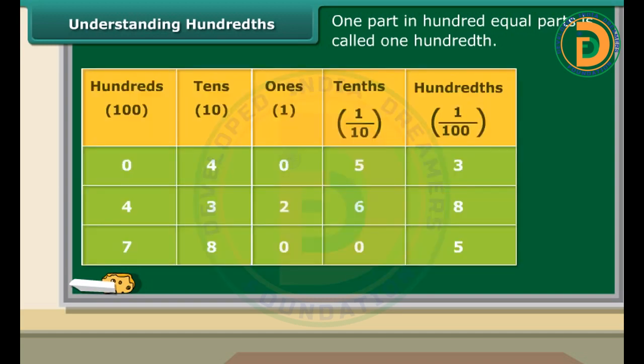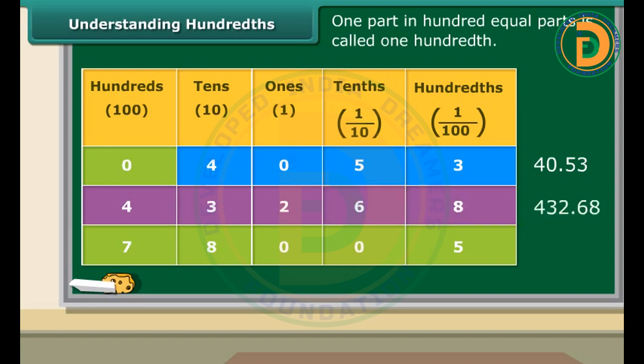Now concentrate on the table and let us read decimals from it. Look at the first row. 40 plus 5 tenths plus 3 hundredths will make 40.53. Now focus on the second row. 4 hundredths plus 3 tens plus 2 ones plus 6 tenths and 8 hundredths will make 432.68.